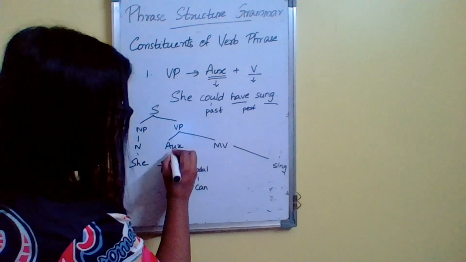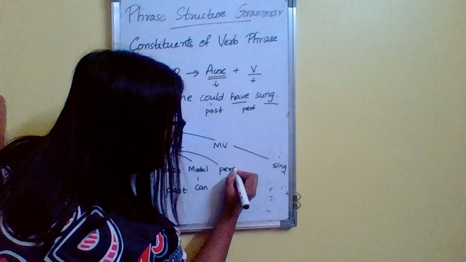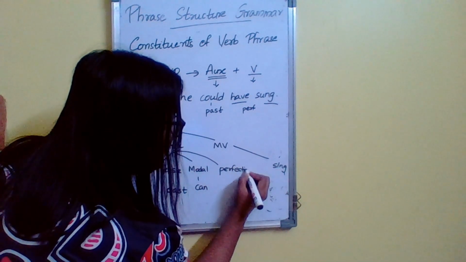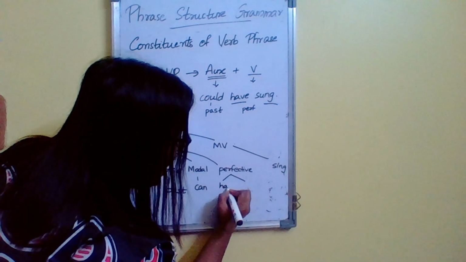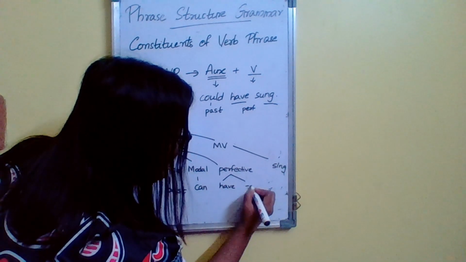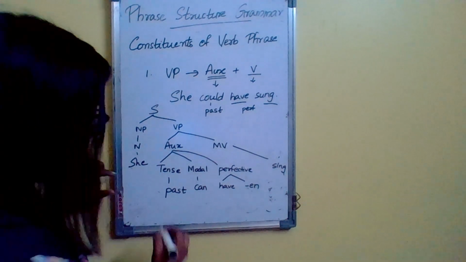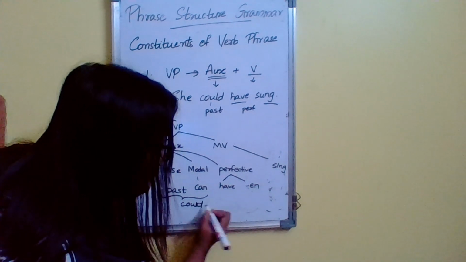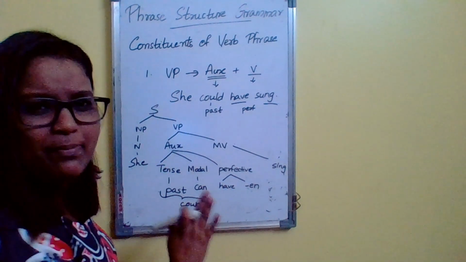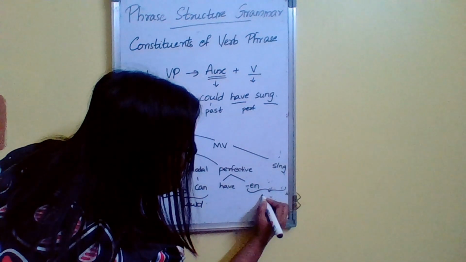Now we have to focus on the third element, which is perfective. And whenever there is perfective, we have to split into have, en. Now let's look at this. Past of can is could. And let's keep have as it is. And en plus sing is sung.